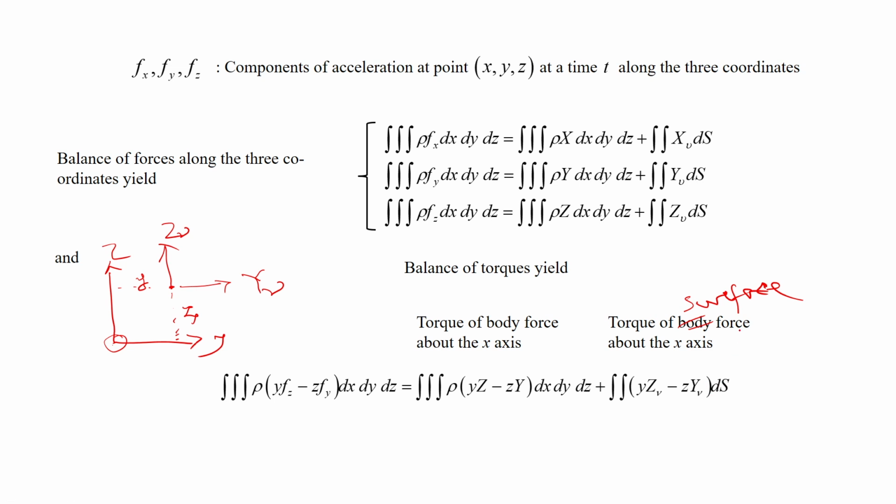Similar to this surface force, you also have the body force. So, the body force will be rho into (y z minus z y) into dx dy dz. Here, this y z is the torque of the z component of the body force about the x axis, and this z y is the moment of this particular force about the x axis.